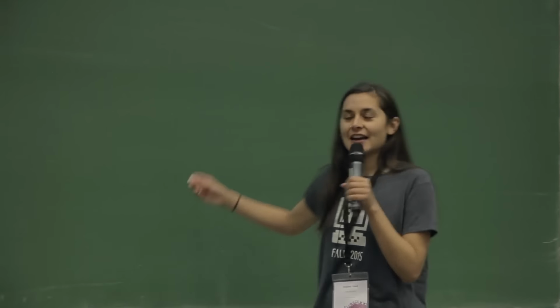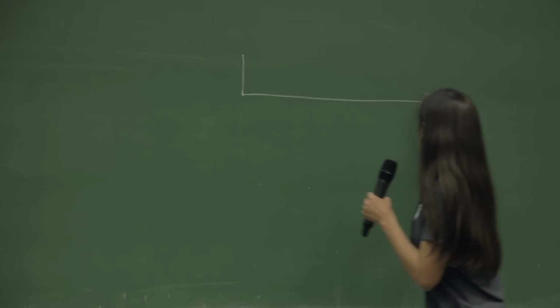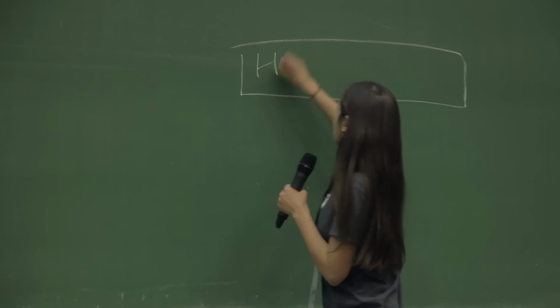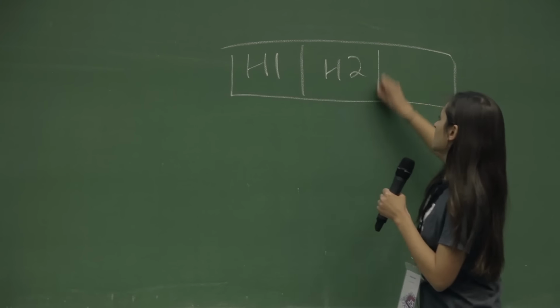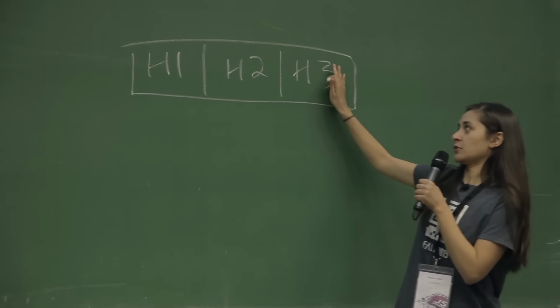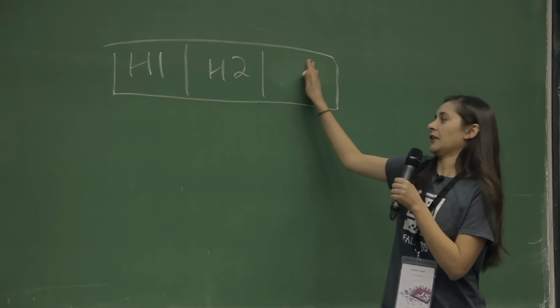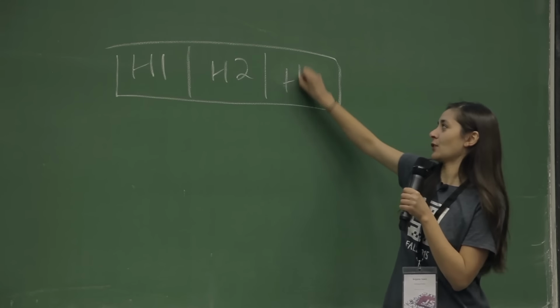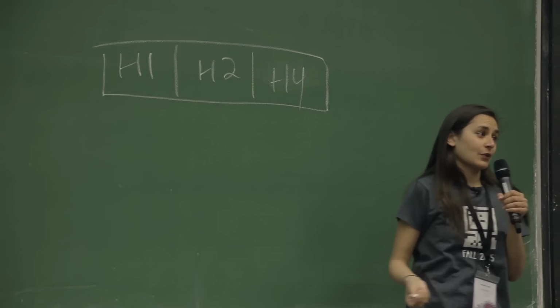Okay, so if we have an array where we had H1, H2, H3, typically what I'd do in a mutable world is just get rid of this and replace it with H4. But as we said, we want to avoid that.